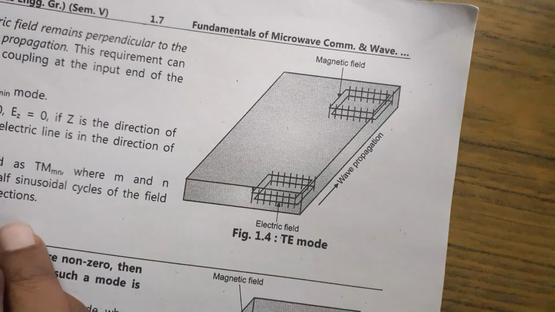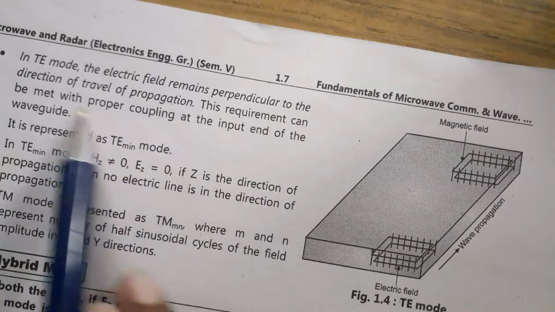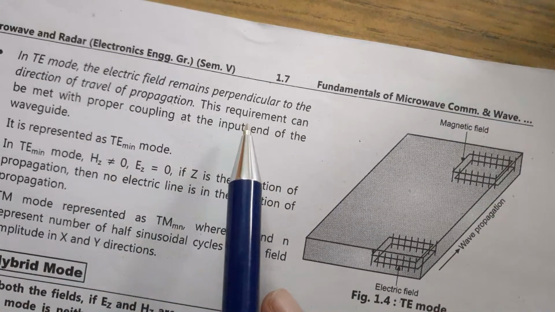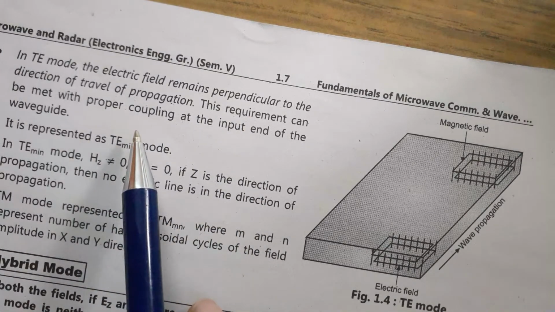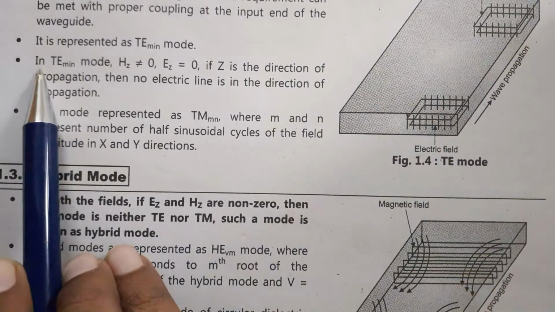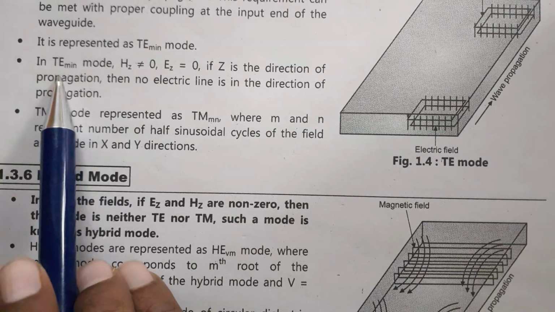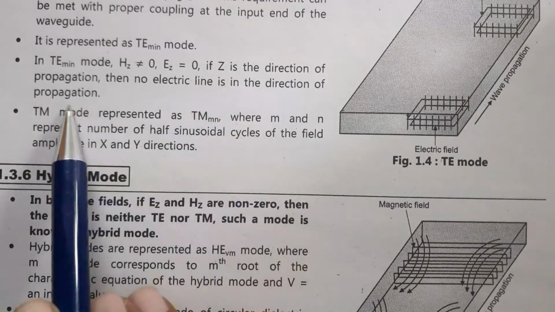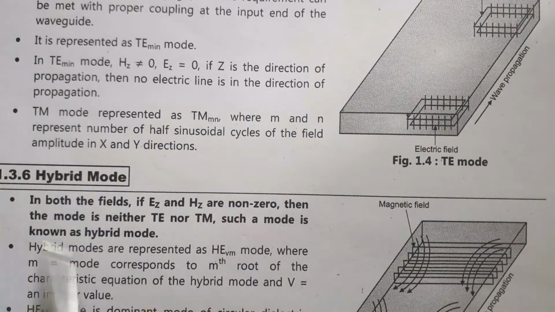So in TE modes, the electric field remains perpendicular to the direction of wave propagation. This requirement can be met with proper coupling at the input end of the waveguide. Again, just remember, in TE modes there is no magnetic field in the direction of propagation, only electric fields. So Ez equal to 0. If z is the direction of propagation, then there is no electric field in the direction of propagation.